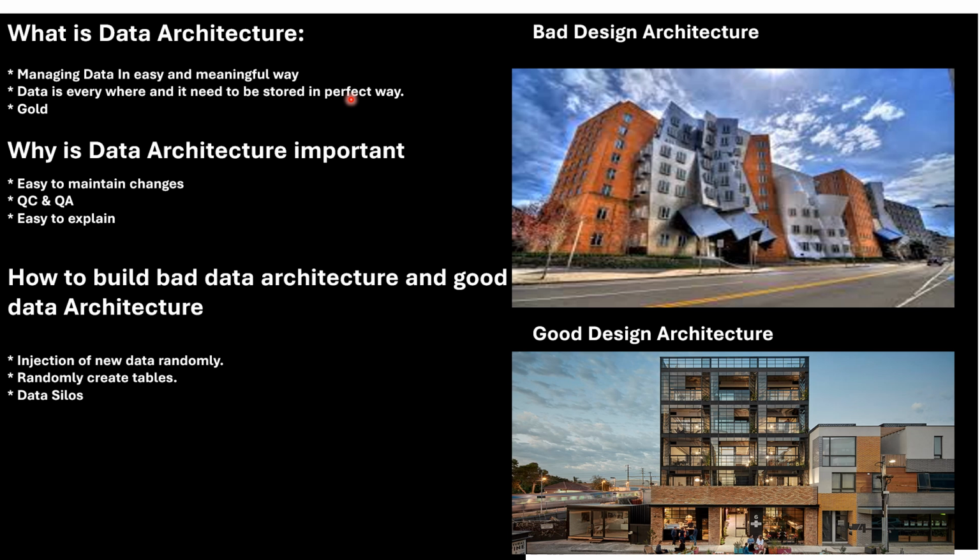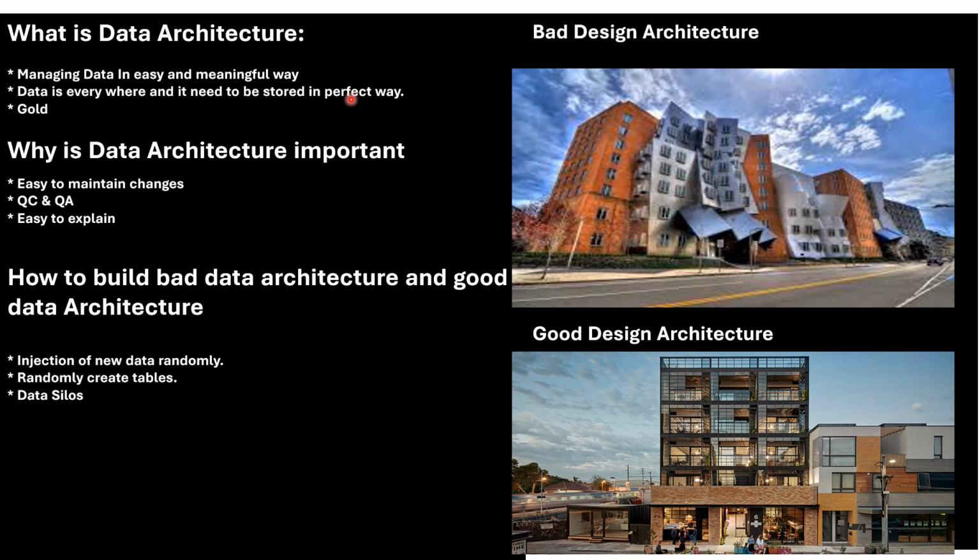Data silos means that if we need a table or a column, and we already have too many tables, but we don't know where to get this column from, so we ingest again and create a new table to facilitate that requirement.